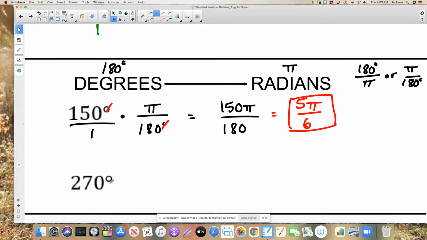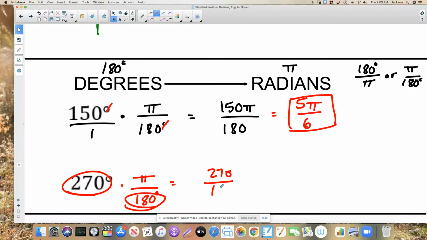All right. Same thing here for 270. We're starting with degrees. So we put pi over 180 degrees, multiply. Now, what does this end up being? Really, all it ends up being is trying to reduce this fraction and slapping a pi on with the answer. Okay. 270 over 180. Okay. Both of these are divisible by 90.